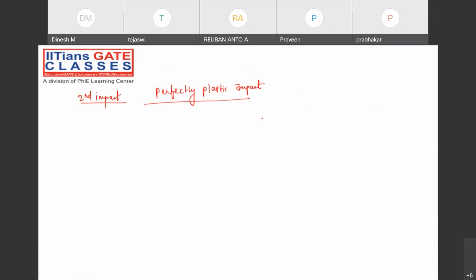What about the example? Any bullet is there. The bullet is just striking the vehicle. Object 1, and this is object 2. The bullet has some initial velocity, let's suppose u. The block is also having some velocity, let's suppose v.